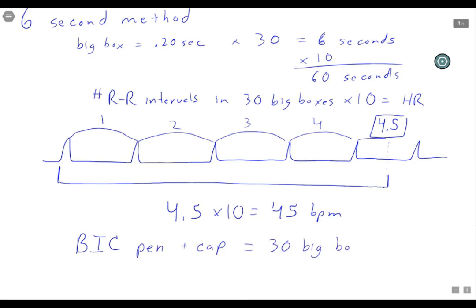And so what makes this really nice is you can just drop your Bic pen on the ECG and count the number of R to R intervals from the beginning to the end of that Bic pen and multiply by 10. So you don't actually have to count out 30 big boxes because that does take time. So the Bic pen makes the 6-second method much easier when you're actually doing this in practice in the clinic or wherever you're interpreting your ECG.